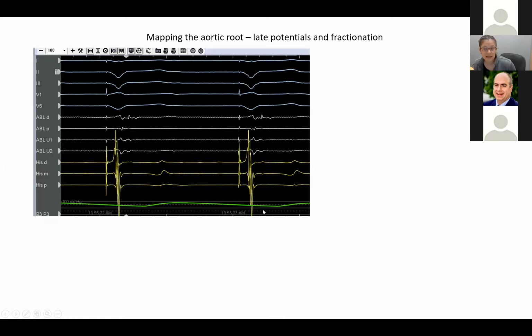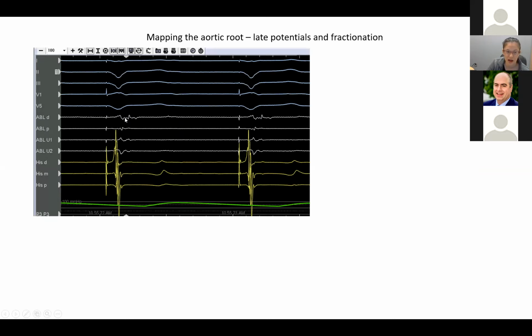So for a case like this where you've got something around the aortic root, I usually come retrograde aortic and map above the valve. Here's an example of mapping above the valve where you can find, in this patient, some low amplitude, long fractionated signals. You can see that they're multi-component.